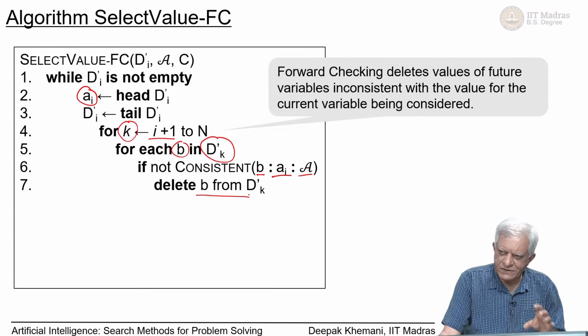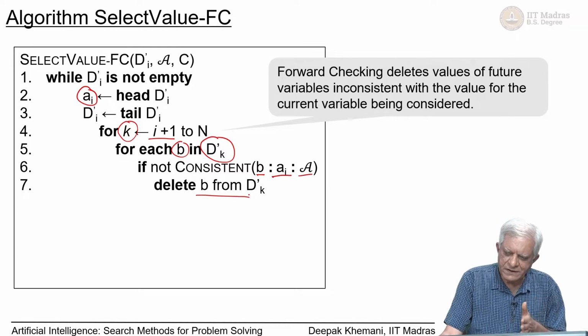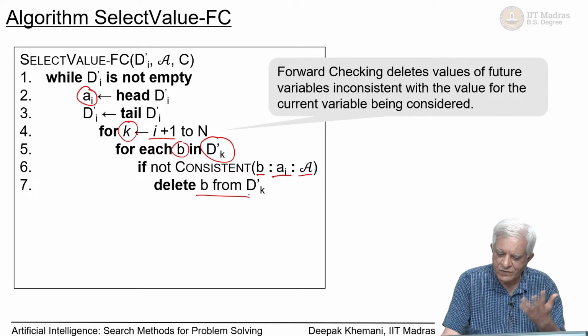Remember that this k is a future variable, it is not the variable that we are trying to find a value for, that is the ith variable, and k goes from I plus 1 to n. So, this is deleting a value from a future variable.